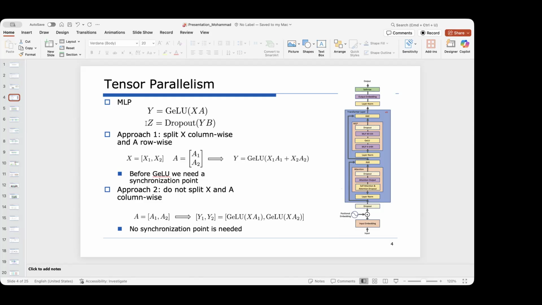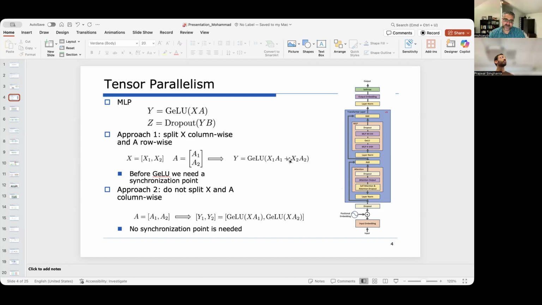One approach is to break the input matrix along its columns and the weight matrix along its rows, and you will have GeLU of a summation. Since GeLU is a nonlinear function, GeLU of X1A1 plus X2A2 is not equal to GeLU of X1A1 plus GeLU of X2A2. So you need to do a reduction.